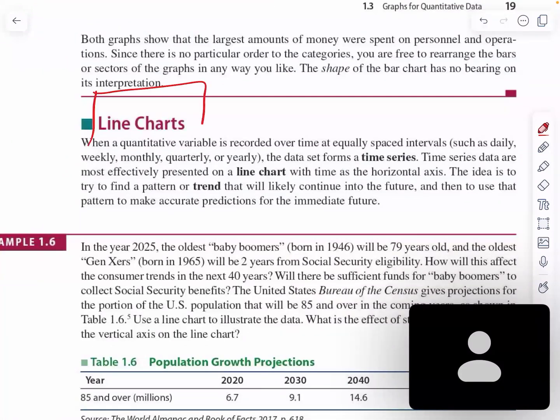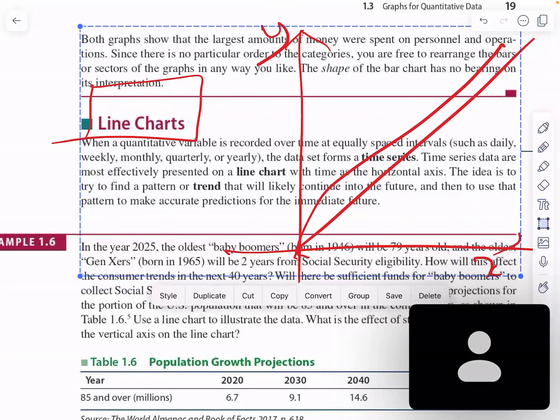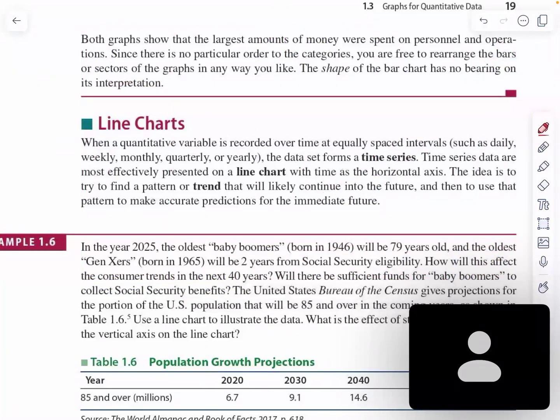Line chart is the most primitive one and very popular, which can be of this form, like you draw a line, right? Y-axis, x-axis, bam. So it's also very useful. When a quantitative variable is recorded over time at equally spaced intervals, such as daily, weekly, monthly, quarterly, yearly, the data set forms a time series.